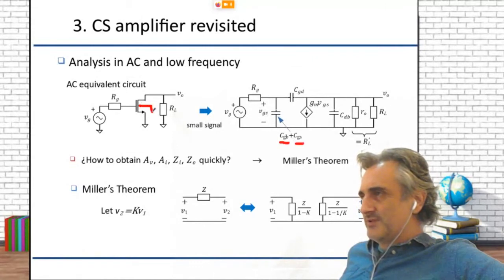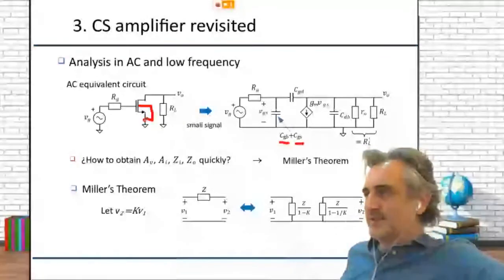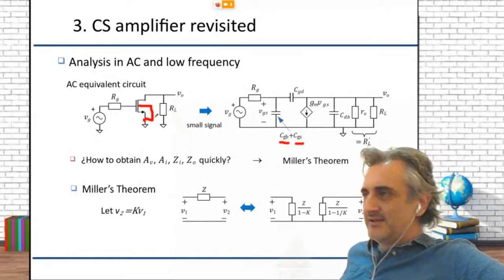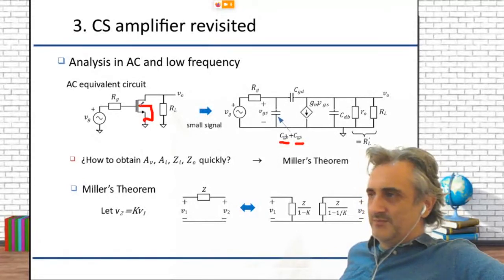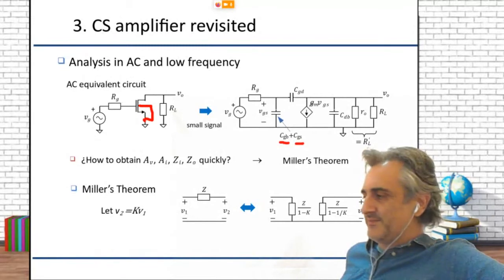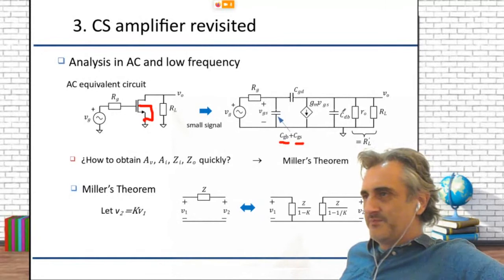And this is because here there is a connection, which is not shown, but when it's not shown, you can assume safely that it's like that, between bulk and source. Notice that this is killing the body effect. So the only gain we have is this, the transconductance. And because of that, these two capacitances are the input capacitance.